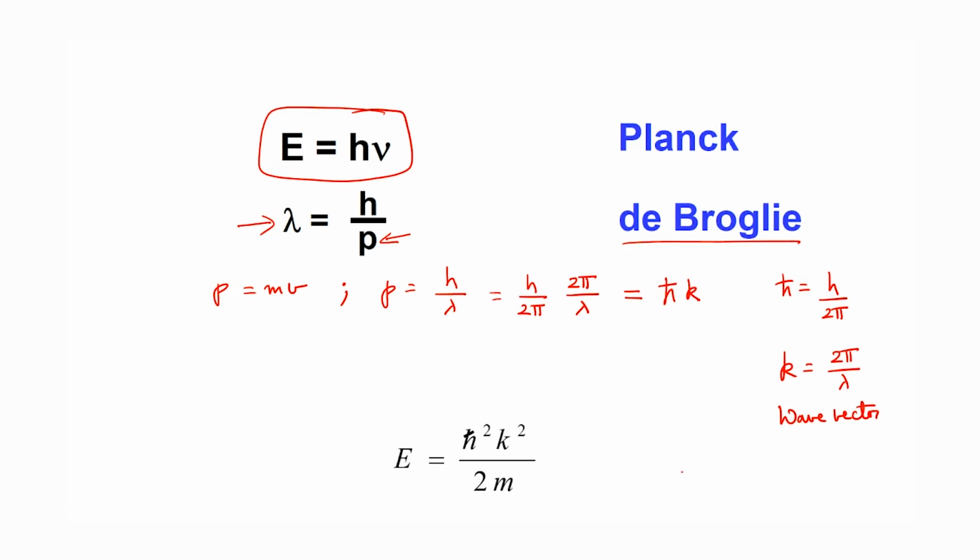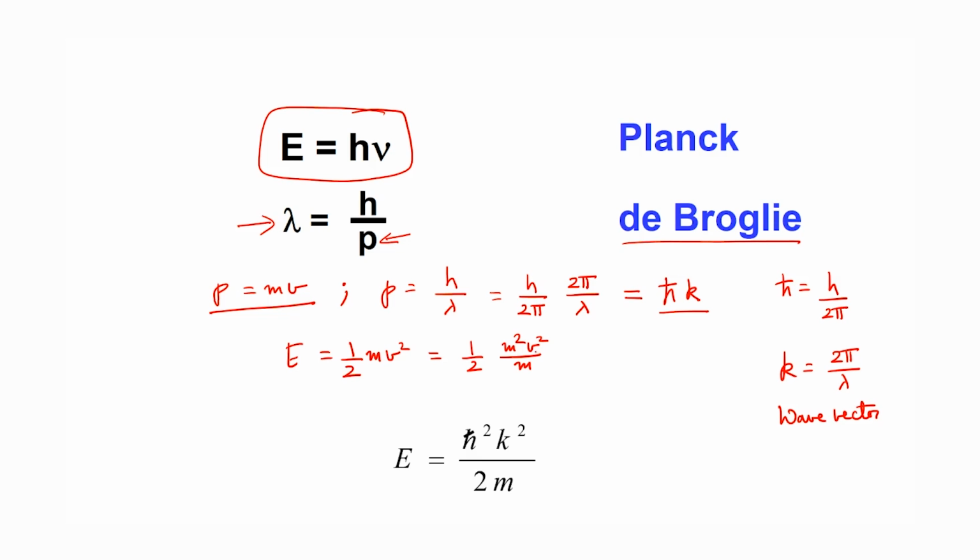Now if you keep these quantities in mind, look at energy and how it relates to momentum. Energy we write as half mv square, right. If I want to relate this to momentum, and momentum is mv, I simply play around a little bit with the numbers. So, I have half m square v square by m, I have just multiplied the numerator and denominator by m. m square v square is nothing but p square, because p equals mv, and p itself is h bar k.